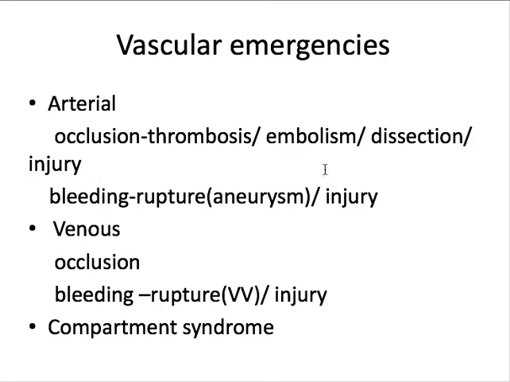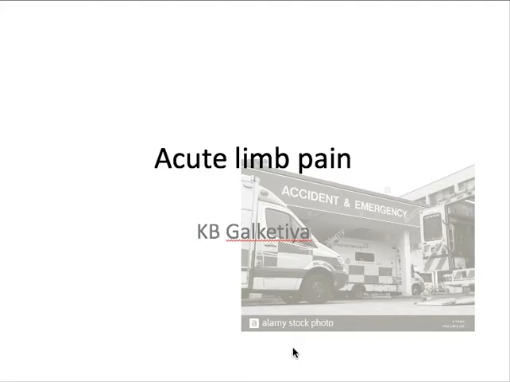So I will discuss most of that part, leaving out the other things, and compartment syndrome I'll discuss at the end because it is also a cause for vascular emergency in the leg. So with ischemia, actually the presentation is the person comes with acute pain of the limb. So my next discussion, to keep it in a clinical manner, I'll take as acute limb pain.